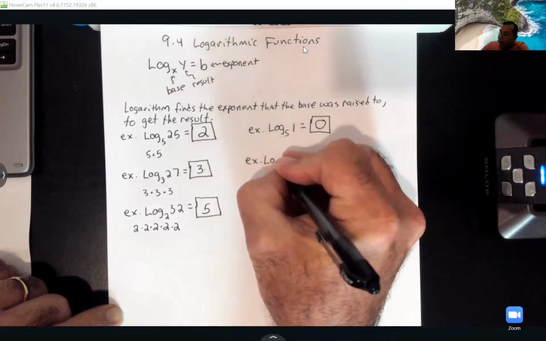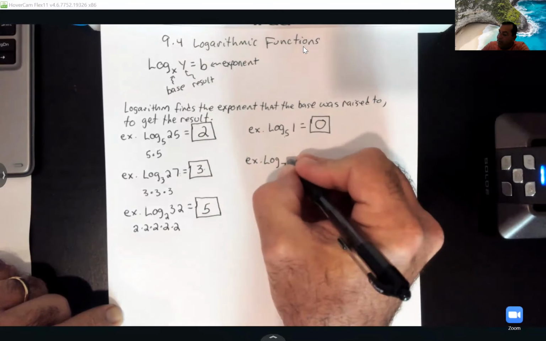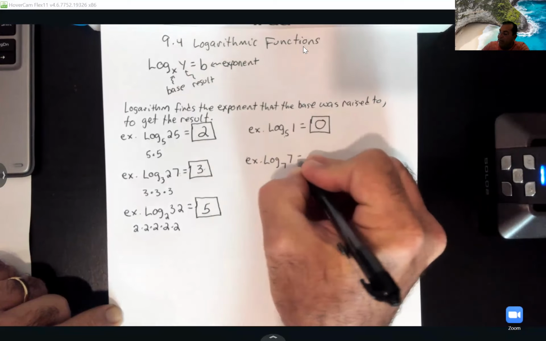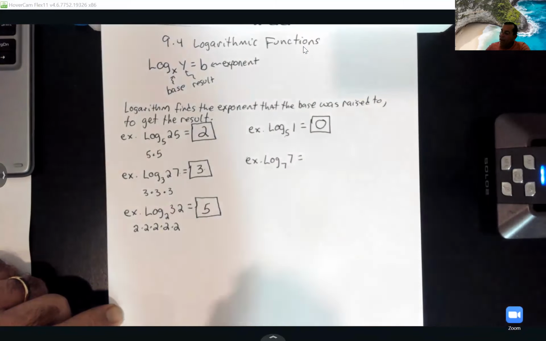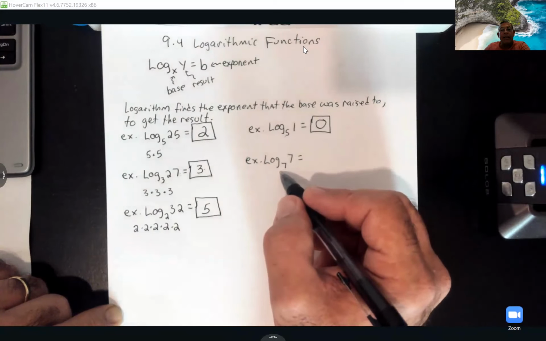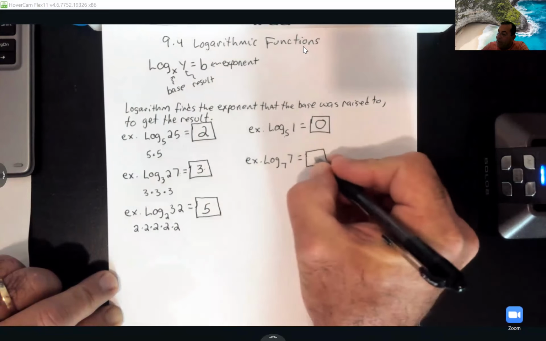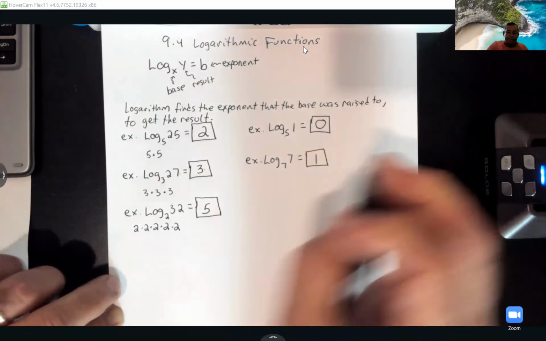All right, one more and then we'll move on. So log base 7 of 7. So what exponent would I raise 7 to get a 7? Well, that exponent would be a 1.